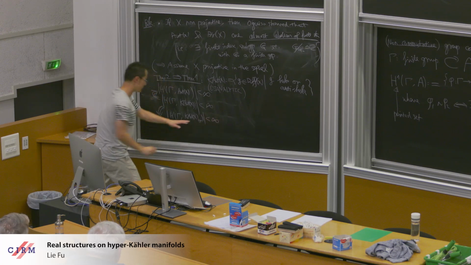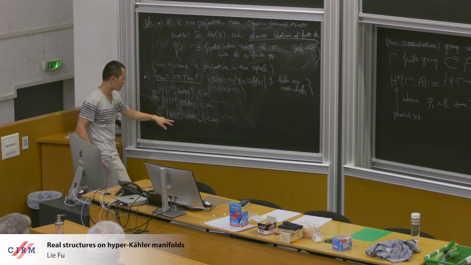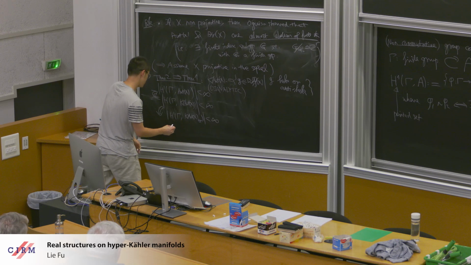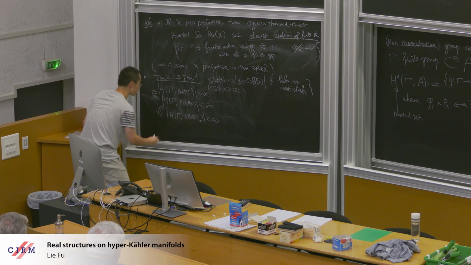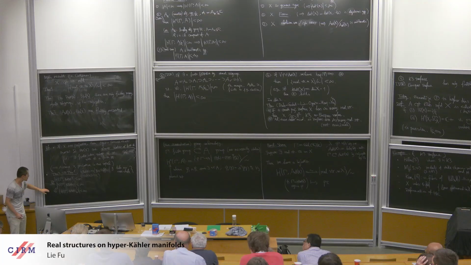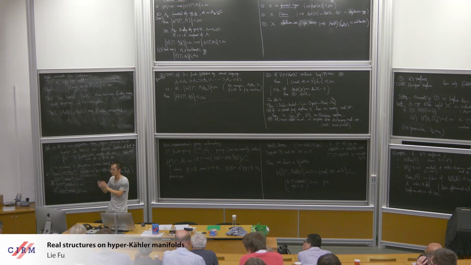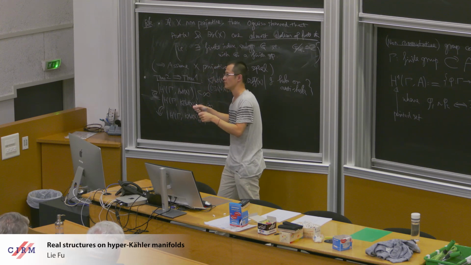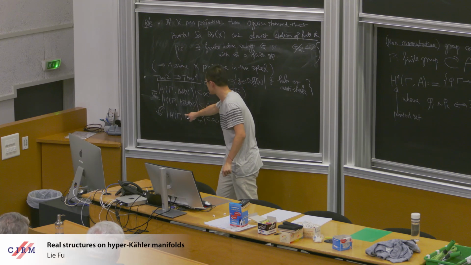So we want to show that this is finite. The action of gamma on this group is the conjugation by the fixed real structure, but here the action is trivial. But they are in bijection.